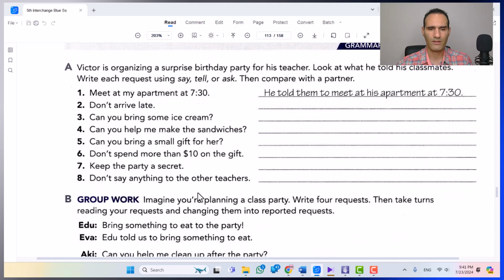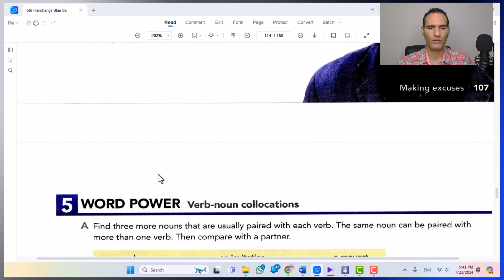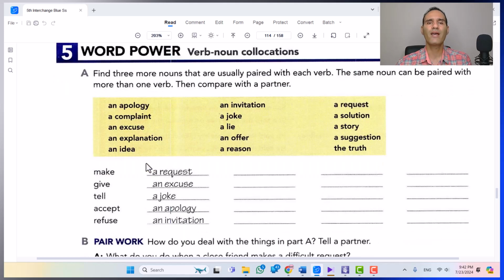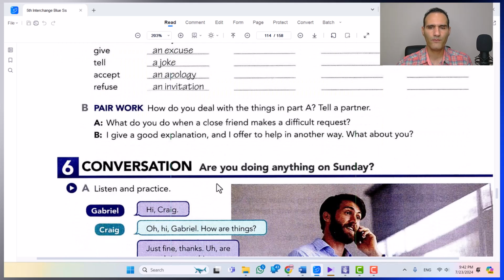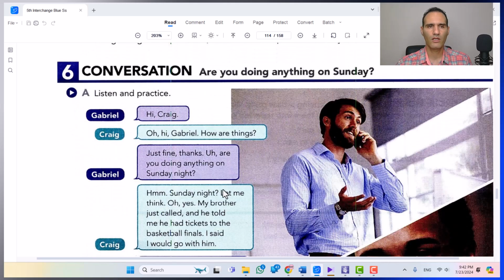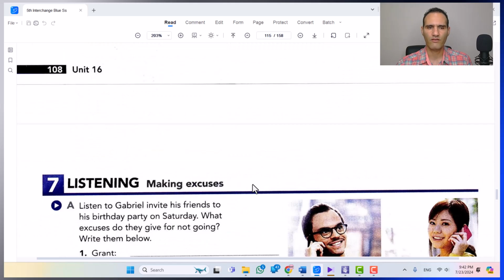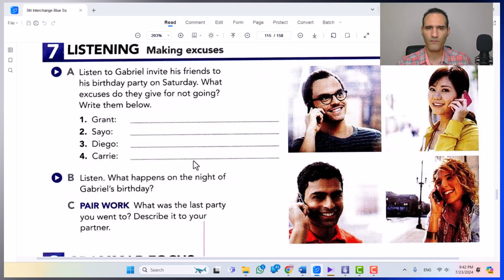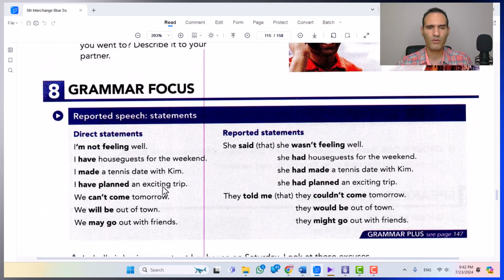If it is say, without any object preposition; if it is tell, with an object preposition. Here we answer these, the speaking part that we took care of. Word power, collocations. What was the trick to it? Memorize it, no other way. So memorize which verb collocates with which noun, transfer it into your vocabulary notebook. Conversation, which was not very difficult. Listening, the guy, and he was set up by Carrie for the surprise birthday party.